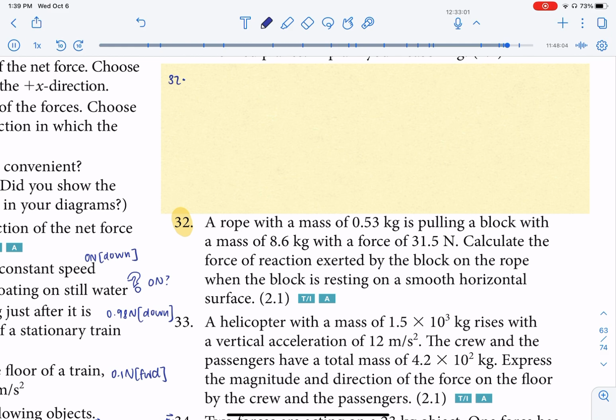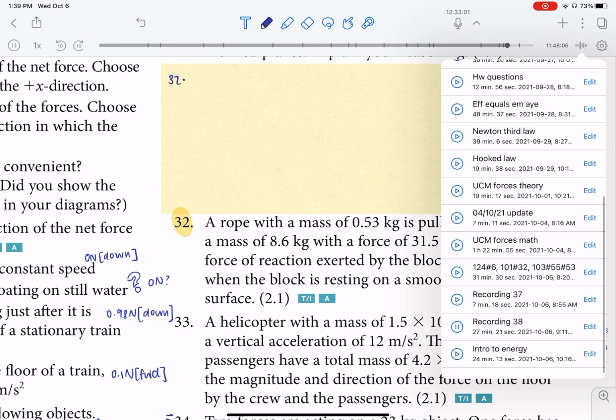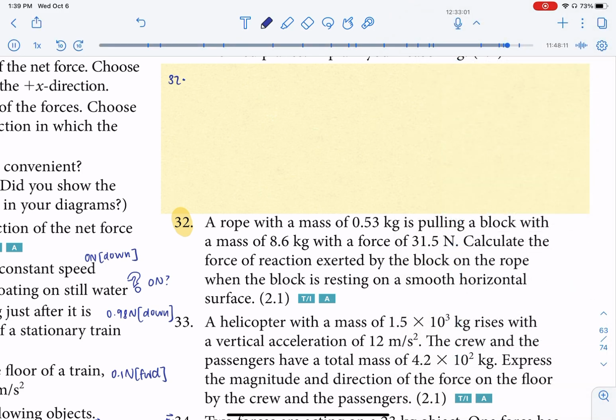The person's on the wall just going in a circle, so it'd be like driving on the wall in the classroom here. This is my top view. My profile view would look like this, and I would just see the back of them as they go around the cage. So this would be like pointing into the board, coming out of the board like this. Does that make sense? Okay.